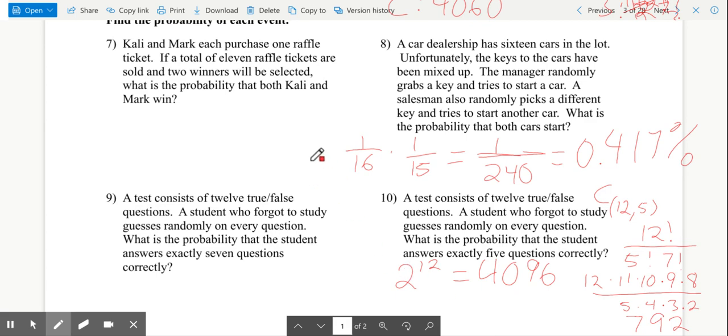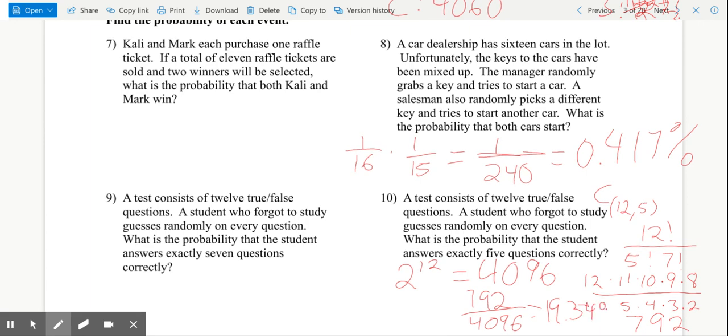So the probability then would be 792 out of 4,096, which is 0.19336-ish, or 19.34%.